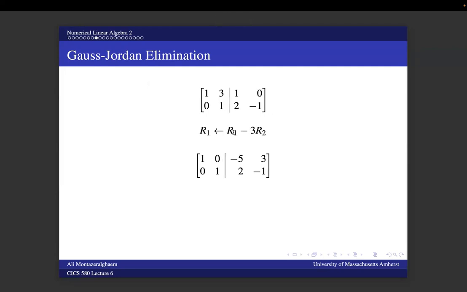Then we multiply the second row by minus 3, and add this row to the first row, R1, and replace R1 with the result. And then finally we have the inverse of the matrix.